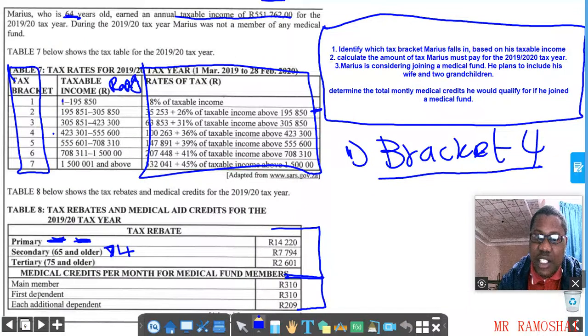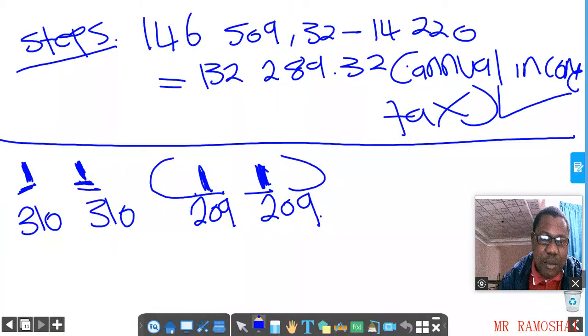Now the equation is looking for the monthly medical credit. Look at the top here. It says the medical aid credit per month. That means this amount is per month, not per year. So he will pay 310 for himself per month, and he will pay 310 for his wife per month.